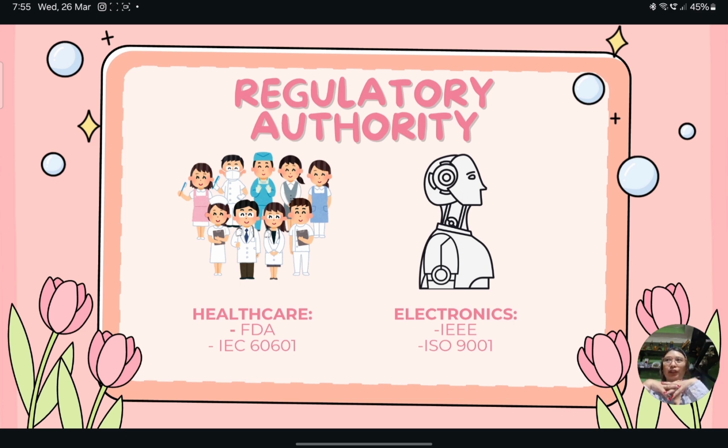Like medicine, like the one you bought on TikTok, or let's say online platforms, are you sure that it is really FDA approved? We must first check their website: is this really FDA approved? Do I need to double check first? Because what if they said, oh, it's okay, you can buy this because it is FDA approved, but when you double check, it's not FDA approved. In short, they are scamming you. So let's just be mindful. In electronics, they have the IEEE and the ISO 9001.